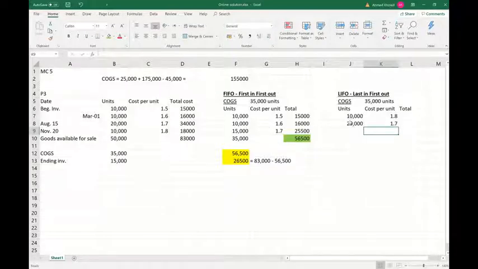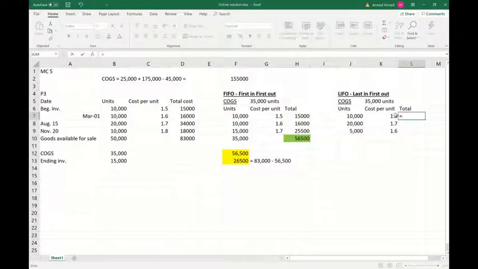So the total now is 30, and we need 35,000. We still need 5,000, and the 5,000 will come from March 1st, where the cost per unit is 1.6.